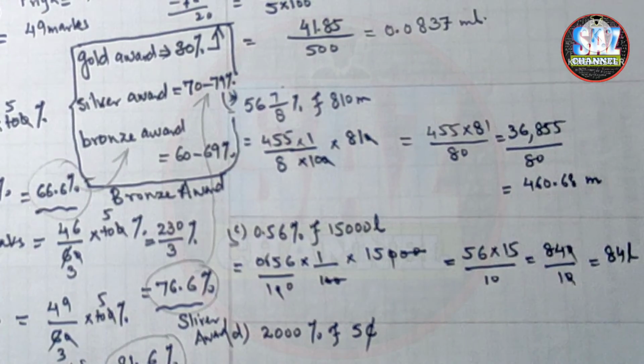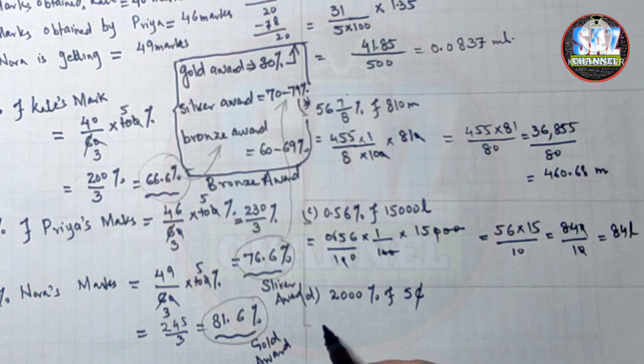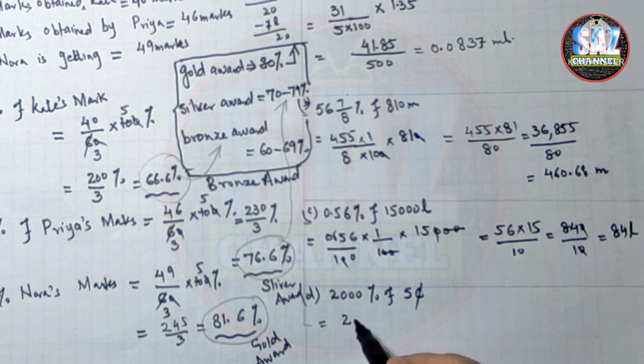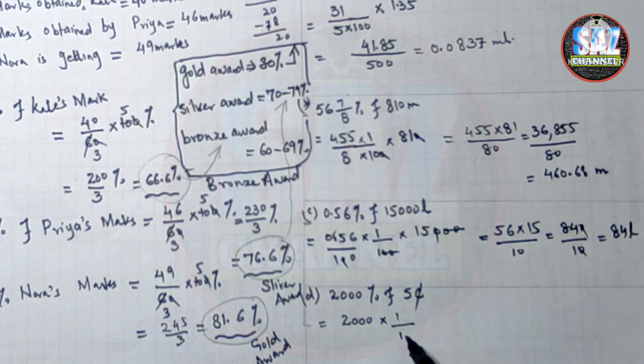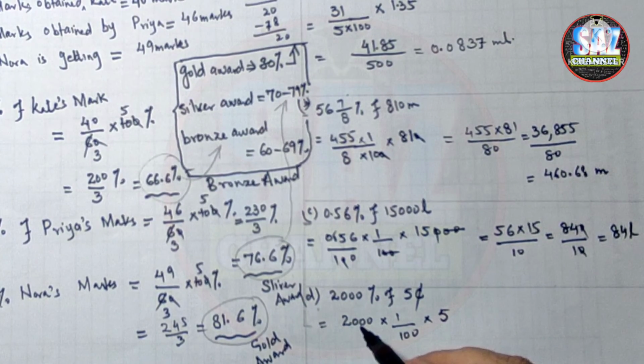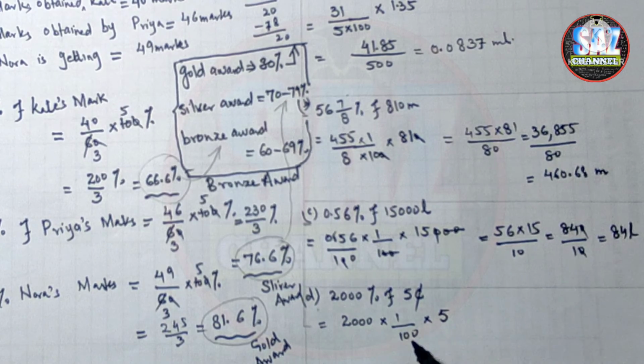liters. Moving to the last part, that is 2000% of 5 cents. So 2000 percentage means 1 over 100 multiplied by 5, and these are cents. So keeping in mind 2000, yes, this is 2000 only.